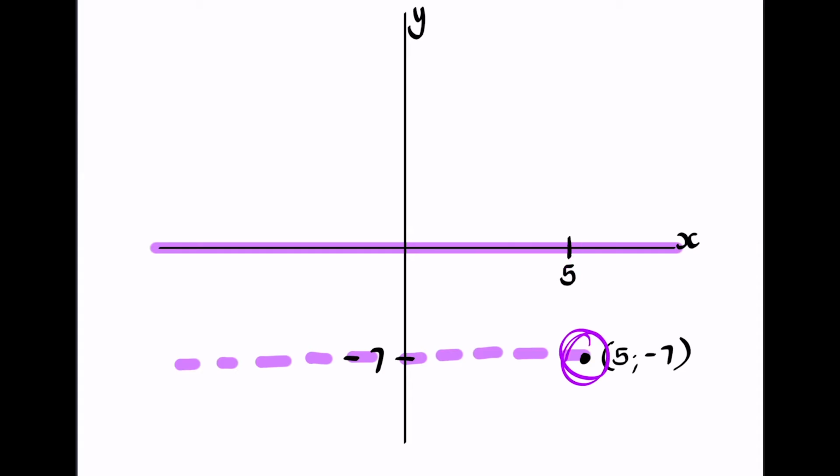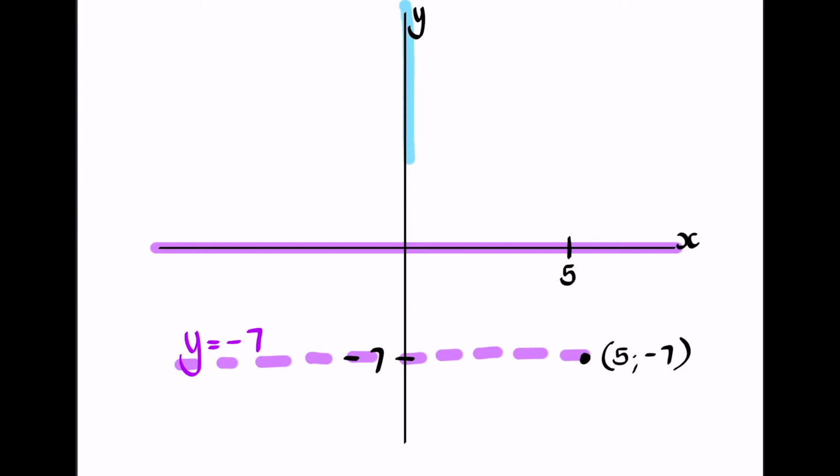However, everywhere along it, the y coordinate is negative 7, and I'm pretty sure that you get the point. So that means that anywhere along that horizontal line, the y will have a value of negative 7, which means that this line has the equation y equals negative 7.